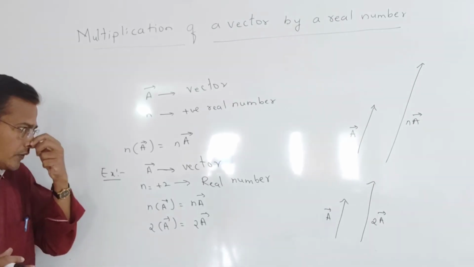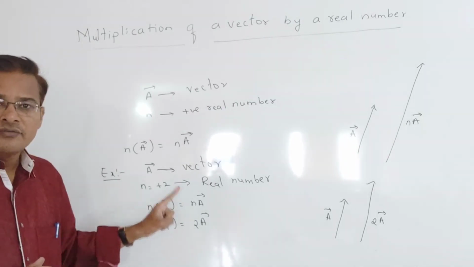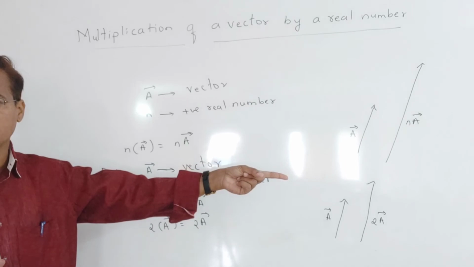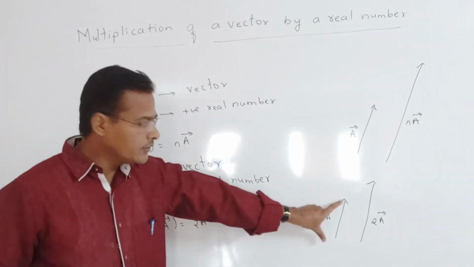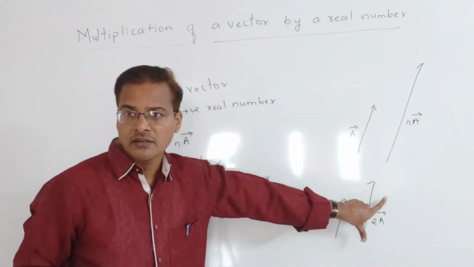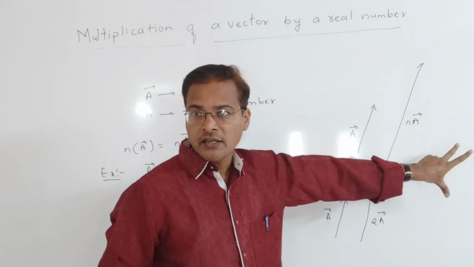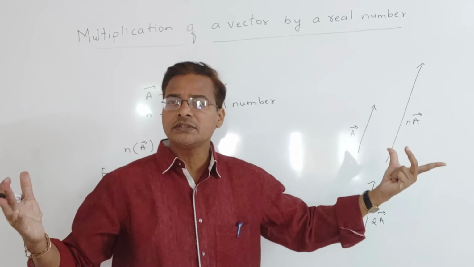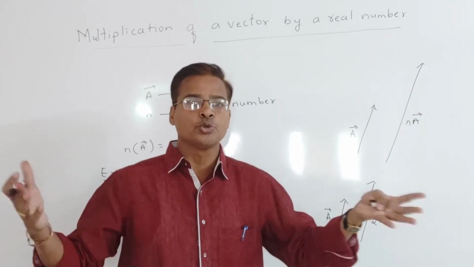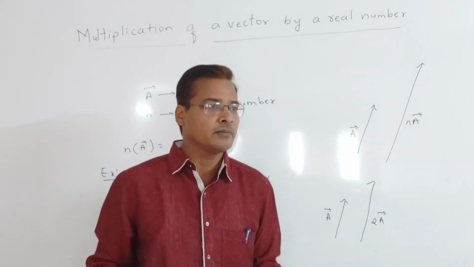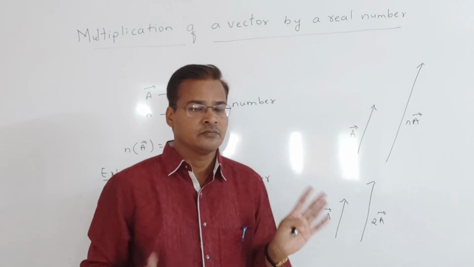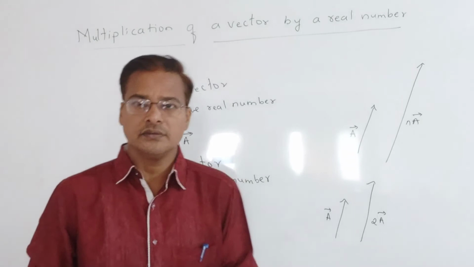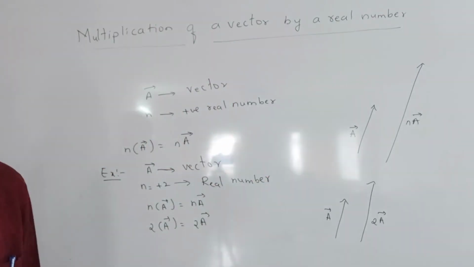So when you multiply with that number, the vector becomes larger. A 1 becomes 2 times, otherwise it would be 3 times. It can be up to n times. n number means whatever number, 1, 2, 3, 4, 5, n numbers we have taken. Got it, sir? Any doubt? Okay, write this down.